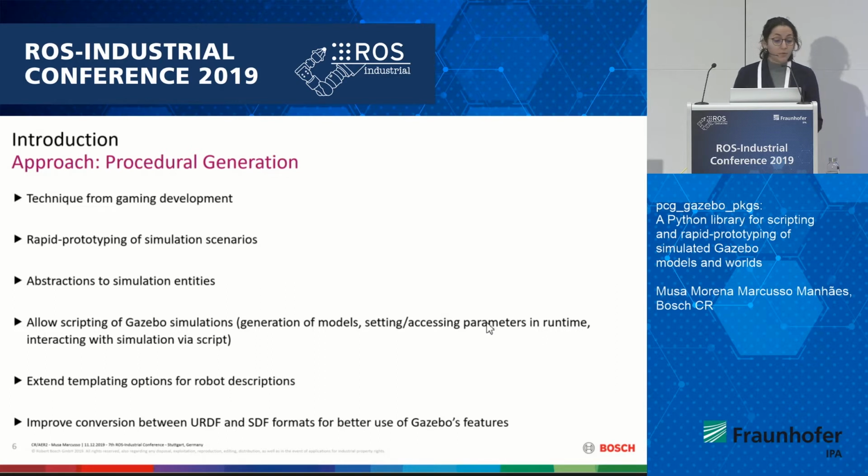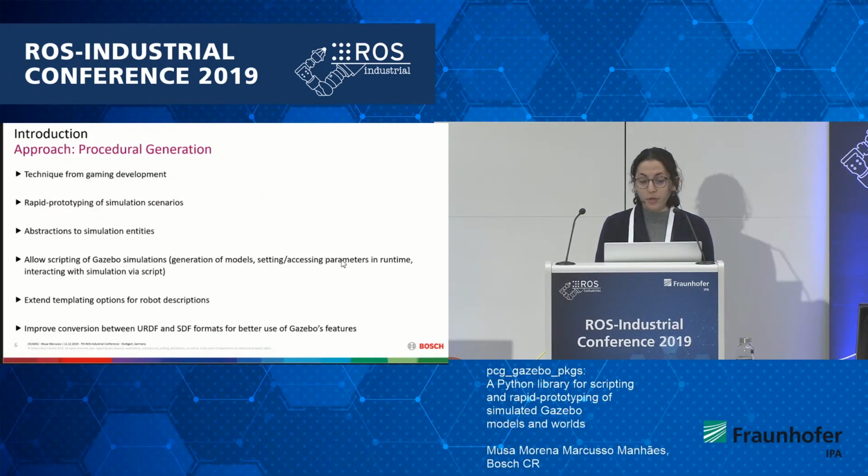Extending templating options for robot descriptions, I'll talk about that a little bit later. Right now, I think everybody uses Xacro for templating robot descriptions, but there are other options that might be interesting if you want to make more complex templates.